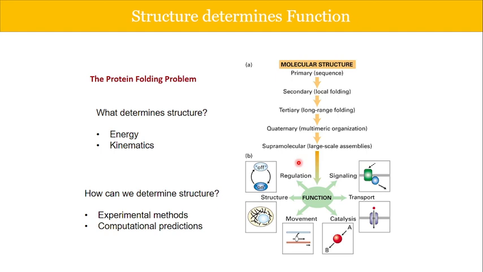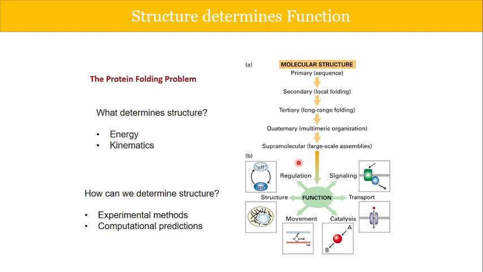These functions could be regulation or cell signaling, where you have to activate a particular kinase or undergo post-translational modifications. Other functions include transport, structure determination, movement, and catalysis. So the structure of the protein is important for determining the function.